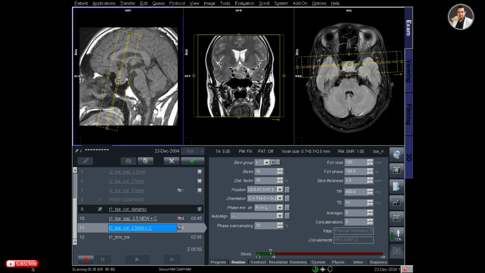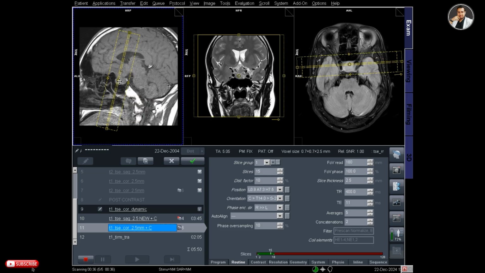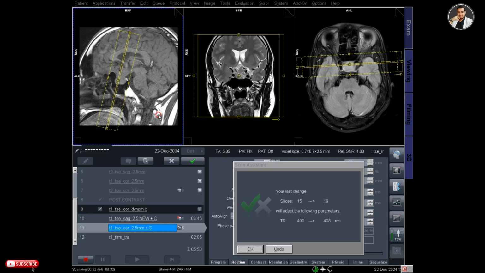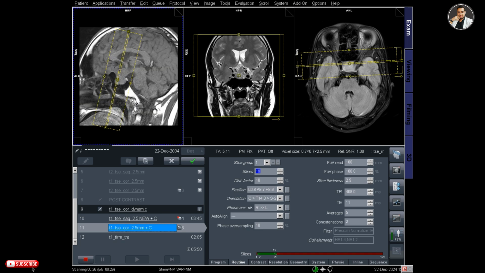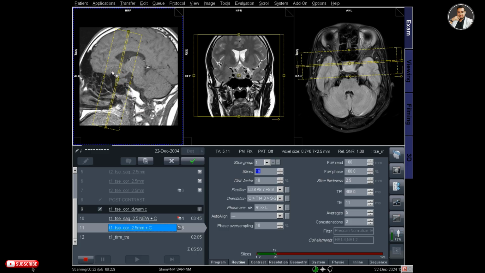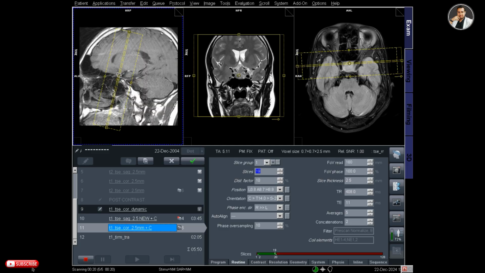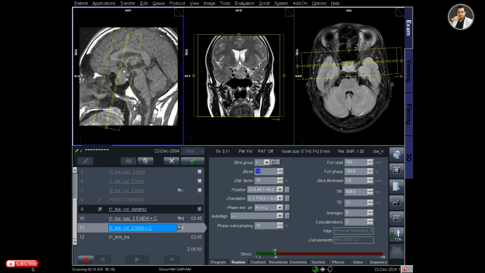And now I am planning for T1 coronal post contrast. This is a 2.5 millimeter slice thickness. I am increasing the number of slices for coronal and planning over the sagittal and axial images, because the tumor extends anteriorly, so I have increased the slice number so that the slices can cover the whole lesion from anterior to posterior.